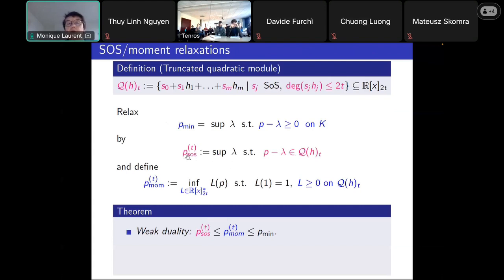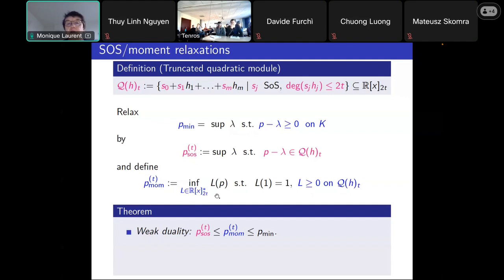The primal bound, the sum of squares bound, is talking about polynomials. So the dual bound is going to be using as variables linear functionals L, which are acting on the polynomial space of degree at most 2t. So the variable here is a linear functional L, which takes a polynomial of degree 2t and brings it to a number. And L is linear.